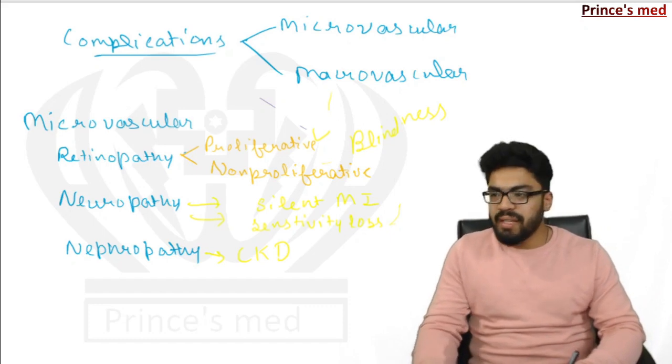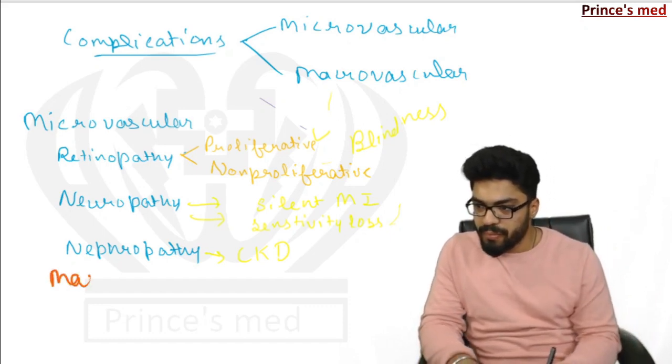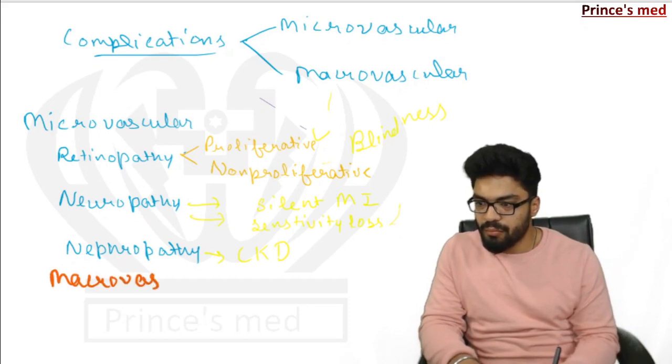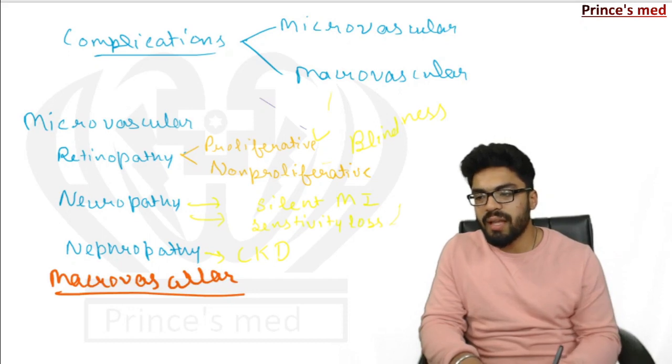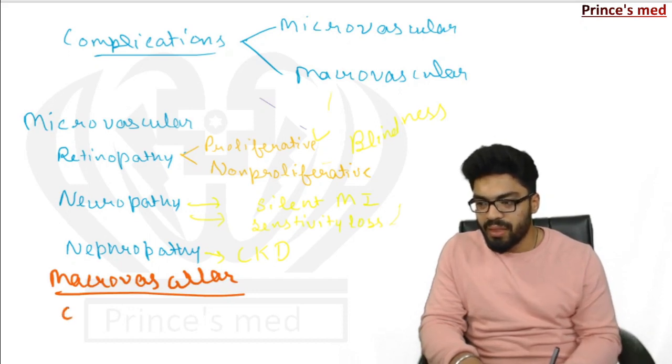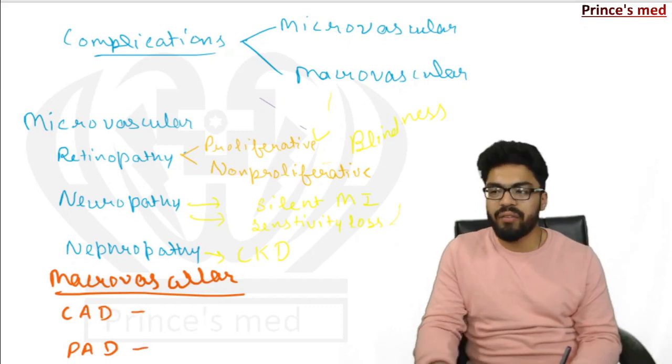Next, we will see macrovascular complications. Macrovascular complications include CAD and PAD. CAD means coronary artery disease and PAD means peripheral artery disease.